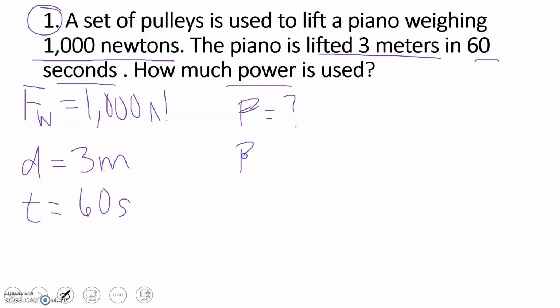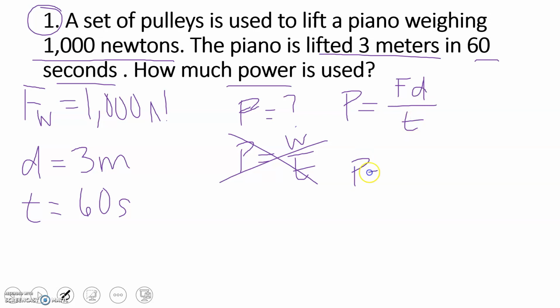So we can't quite use just work divided by time, unless you just want to calculate the work and then plug it in. But I like to do it all at one time. So I'm not going to use this one. I'm going to use power equals force times distance, which is work, divided by time. Now you just plug in. So power equals, well, our force was 1,000 newtons, times our distance was 3 meters, divided by our time, 60 seconds.